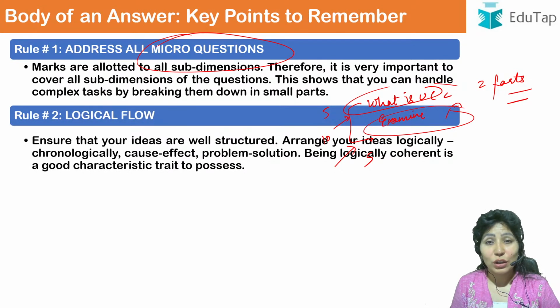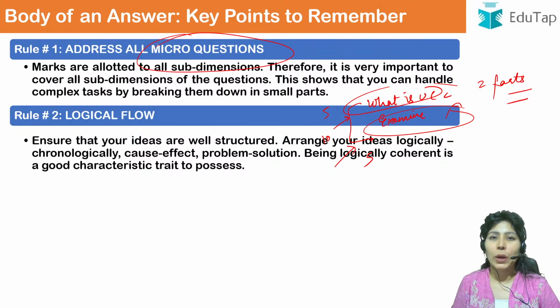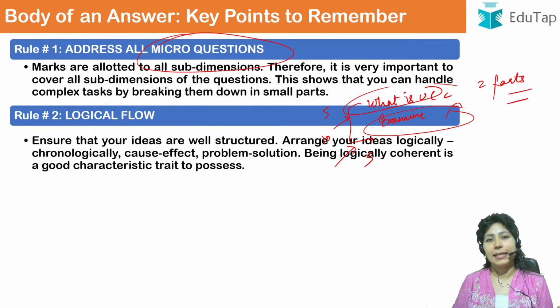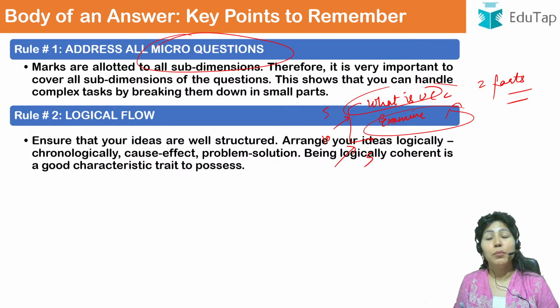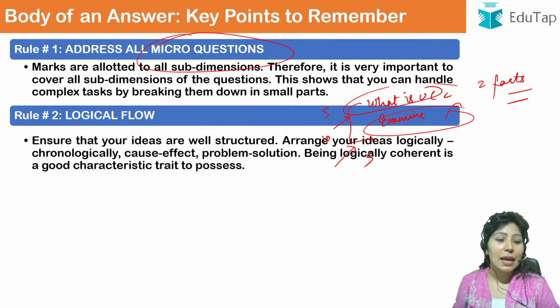Secondly, there should be a logical flow in your answer. Make sure that you are taking the most important points first. Let's say if you're writing 10 points in your answer, the first point should be the most important. Most important means something that relates most with the question or topic, and secondly, something that has appeared in the recent context.